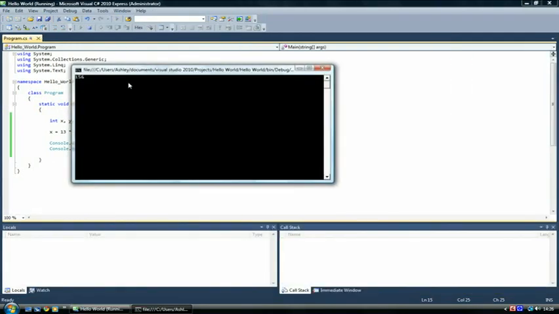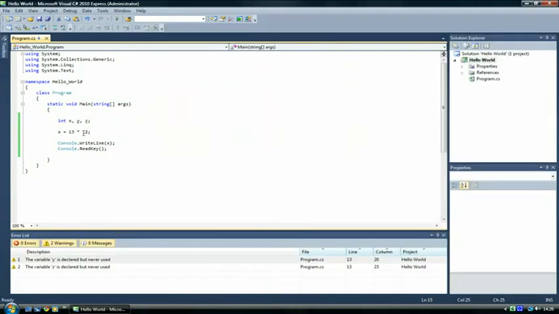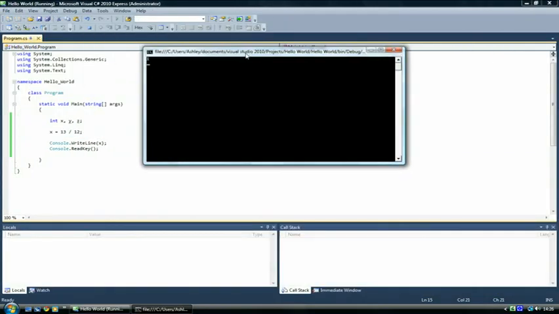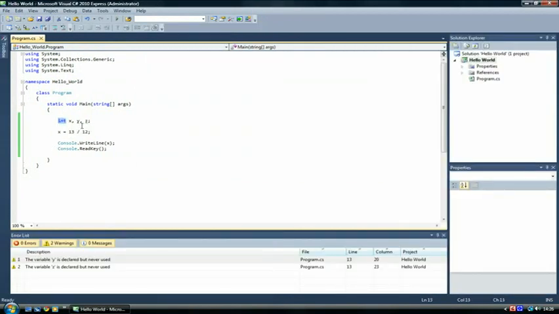Not an x, as you may have thought, and there we go, 156. Dividing is a / sign, and there we have 1 because it doesn't really divide equally, and we're using an integer variable. So if it was double, then we would get the exact answer, but because we can only have whole numbers, that's why we can't.